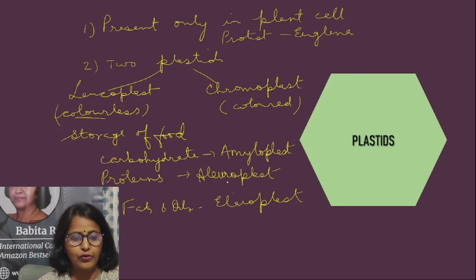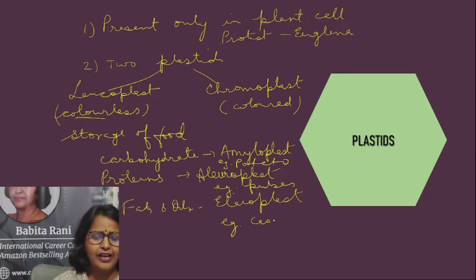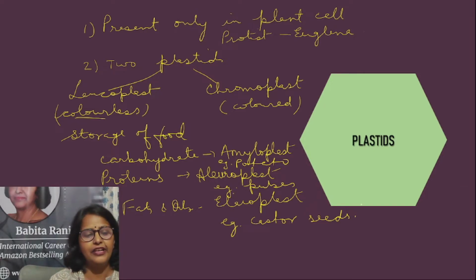So these are three different types of leucoplast. Example for amyloplast, because it is storing carbohydrate, is potato. For aleuroplast, because it is storing protein, examples are pulses. For elaioplast, we have different oil seeds. So these are examples of different leucoplasts which may be present in these.